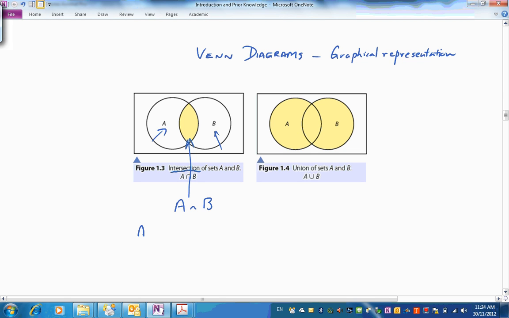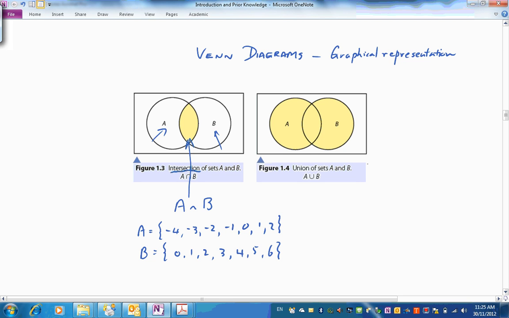Well, let's say A was the set from, let's say, -4, -3, -2, -1, 0, 1, 2, and B was the set, what can we say, 0, 1, 2, 3, 4, 5 and 6, something like that.